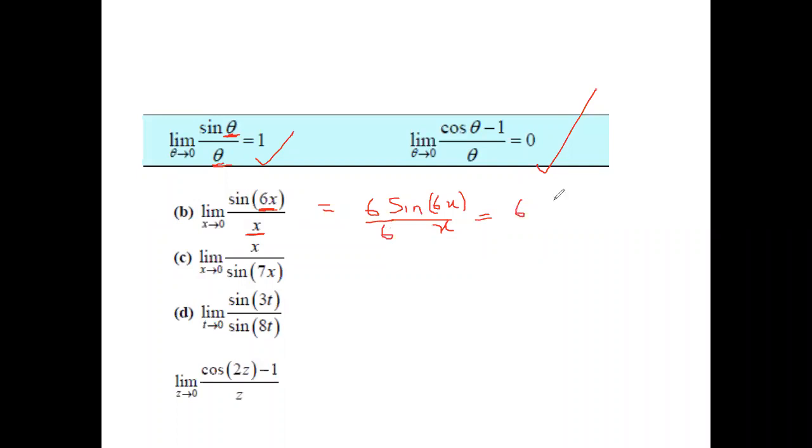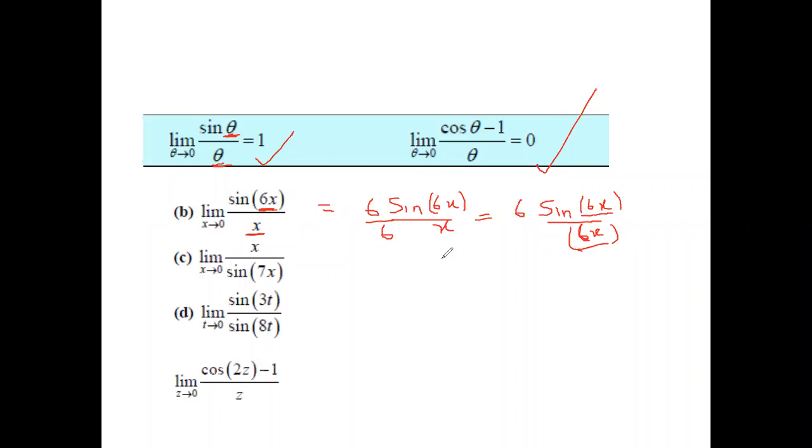So this will look like sine 6x over 6x. You see, so now this is looking like sine theta over theta because we have 6x here, which is theta, and 6x here, which is also theta.